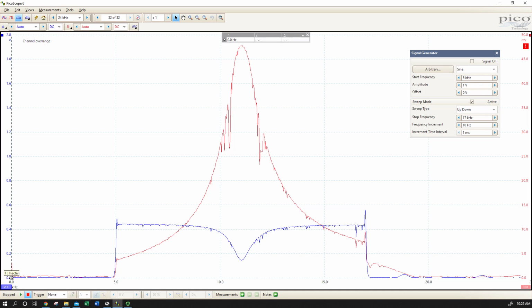So the first thing we can do is look on our blue curve and our red curve and say, all right, where are we seeing the low point in the dip in the case of the total circuit voltage? Because at resonance, we have the lowest total impedance in our circuit, so the picoscope's going to sag the most, so we should see a voltage low for our total circuit voltage right about resonance.